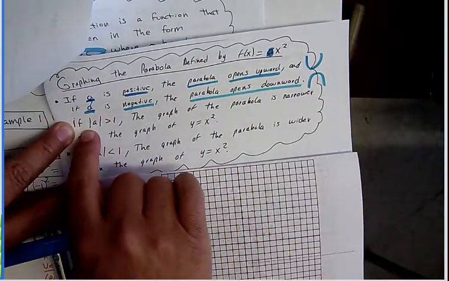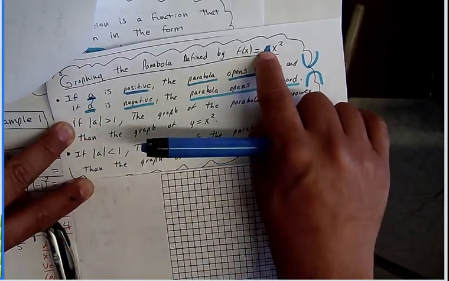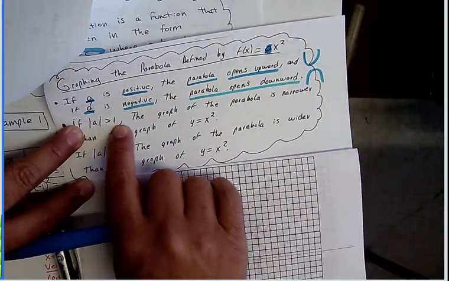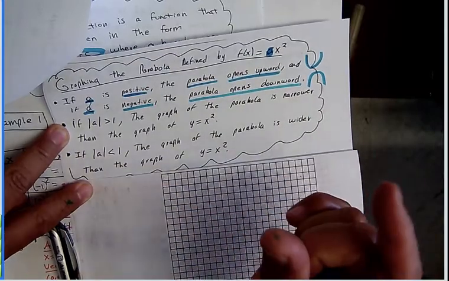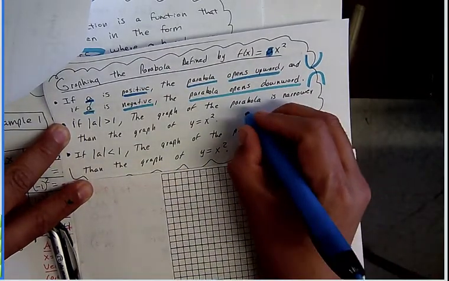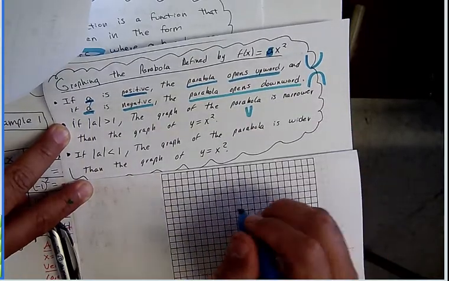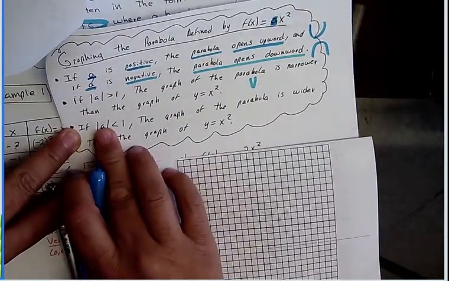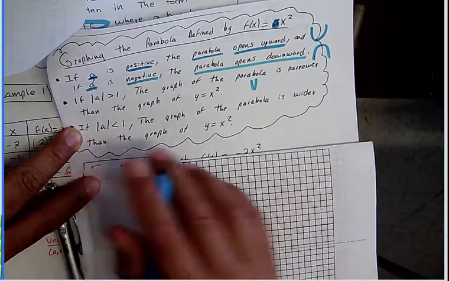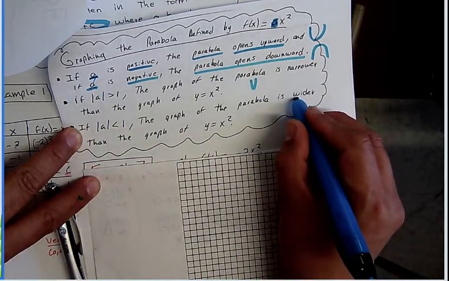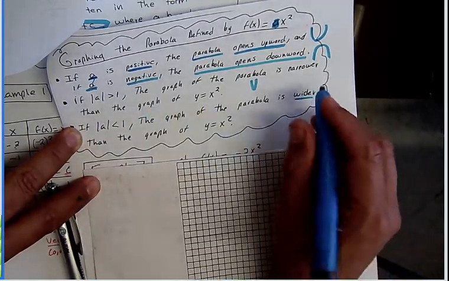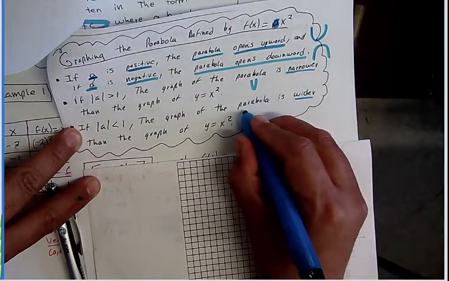Now, if this same a is bigger than 1, the graph becomes thinner, narrower. So, like really thin like that. If the a is less than 1, the graph would become wider. Narrower and wider, so it's going to be fat.